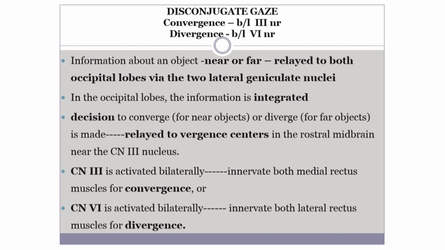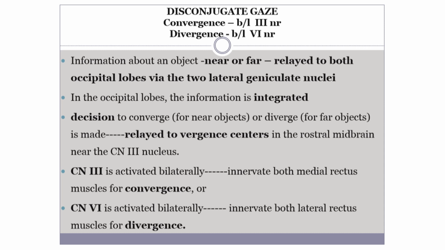So Brodmann 17, remember the visual aspect. Okay, so occipital lobe via the two lateral nuclei of the thalamus. In the occipital lobes, the information is integrated, and the decision to converge for near objects or diverge for far objects is made, and it's relayed to the vergence center: vergence, convergence, divergence. Okay?